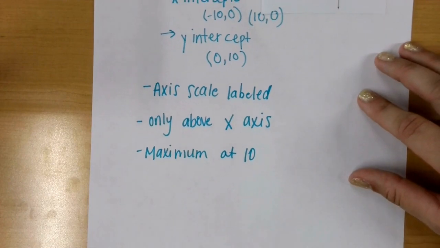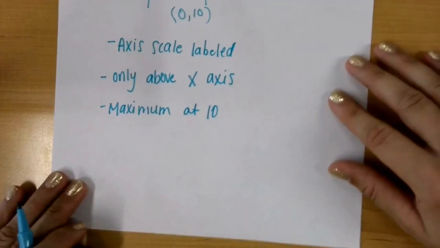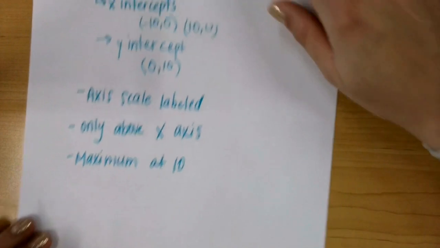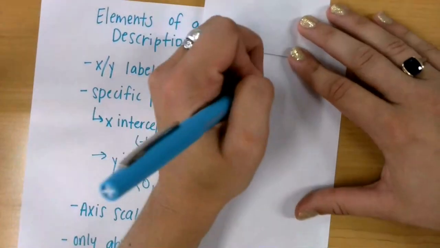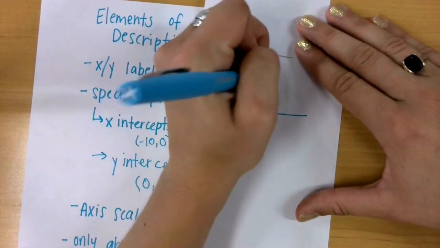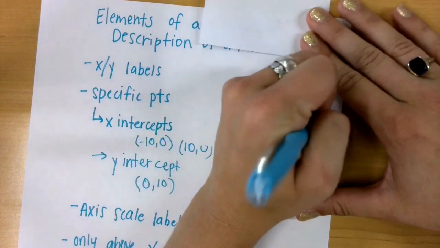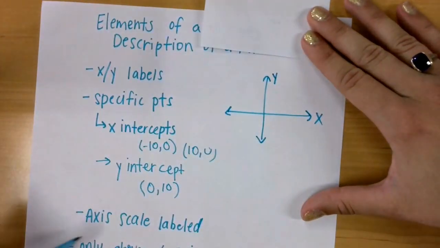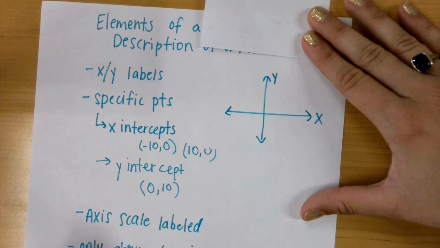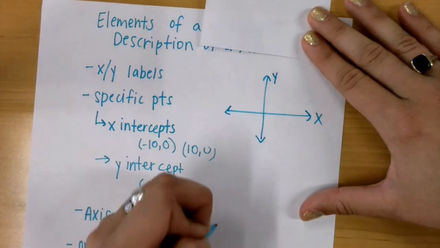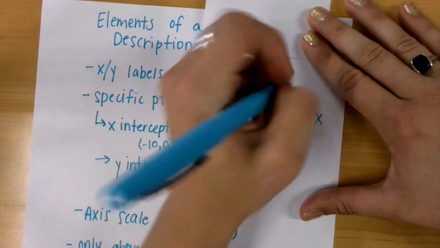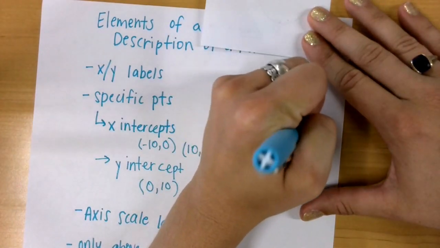So if I were to tell you that you have an XY graph, so I'm going to put this to the side. So let's say, okay, I've got XY. Here's my X, here's my Y. And we know that it's going to go by 5s. We labeled, so let's say, so I could say 5, 10.